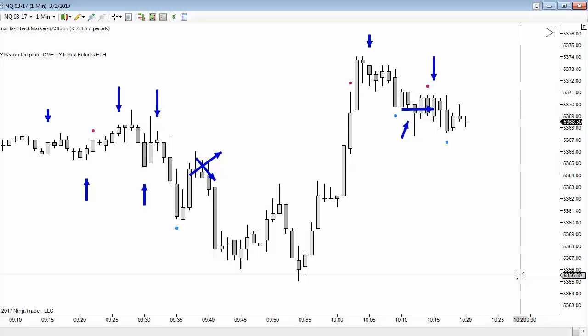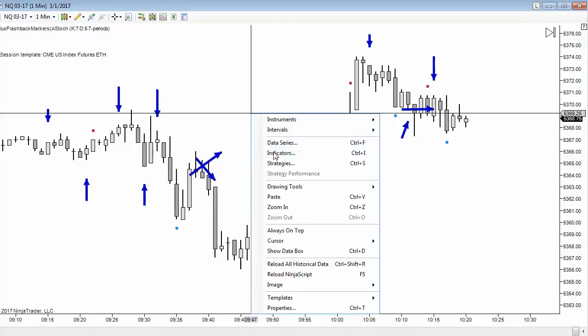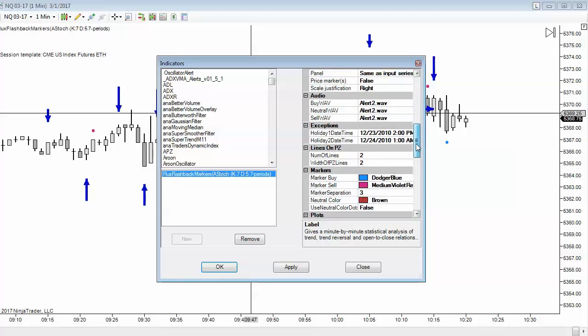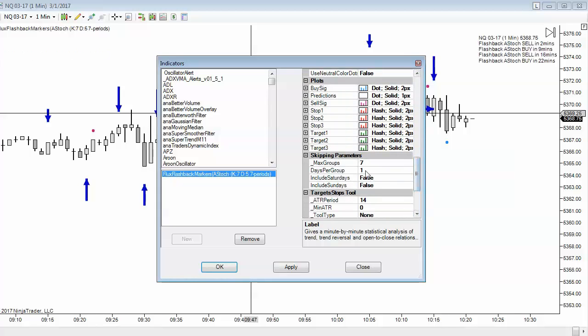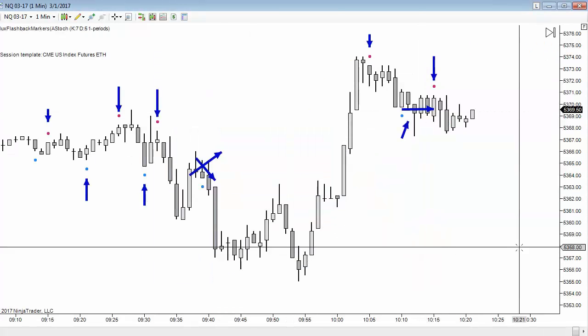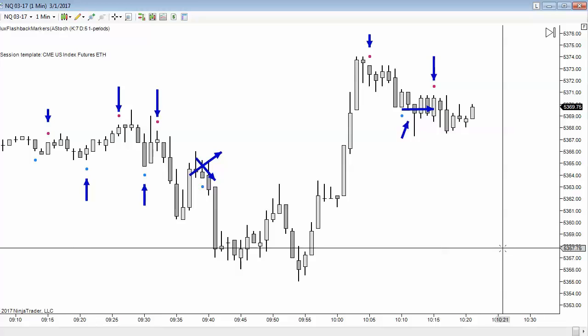The results get a little better than the prior analysis, but they're not as good as what we had when we started. So one of the things I recommend when you first start to use the software, try a 1-1, try a 1-3, and then try a 1-7. And see how the results look on the chart that you're tracking. And so right now the 1-1 appears to be the best.